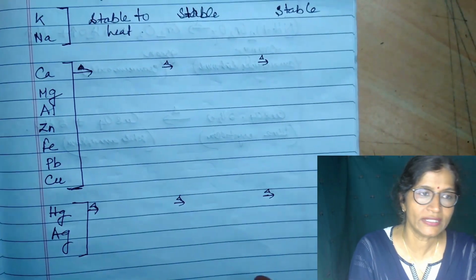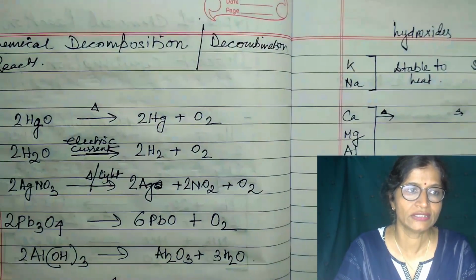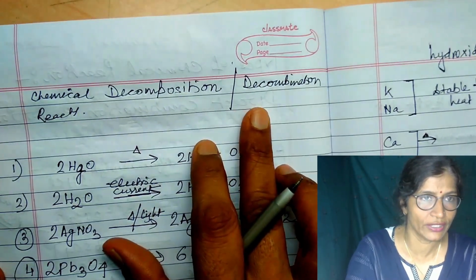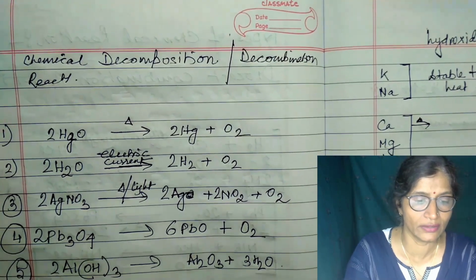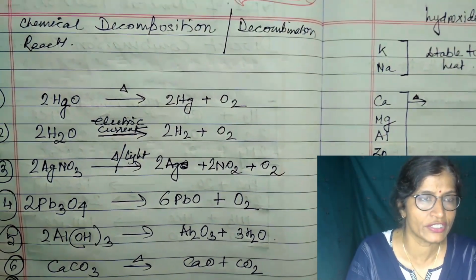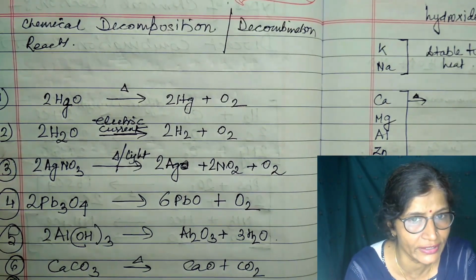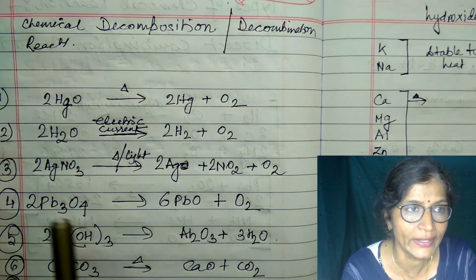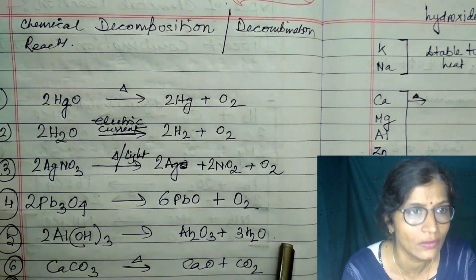Now the next one is the second type of reaction, that is the chemical decomposition reaction. This is the reverse, the opposite of direct combination reaction. In direct combination reaction, two or more reactants combine together to give one product. While in chemical decomposition reaction, what happens?